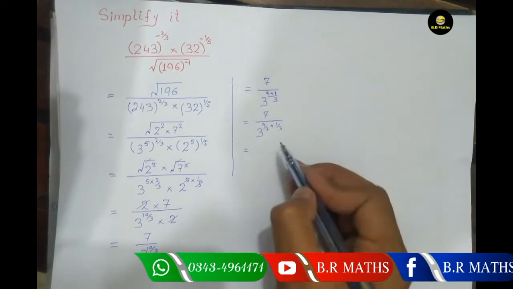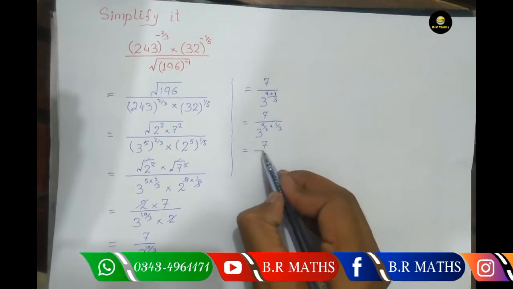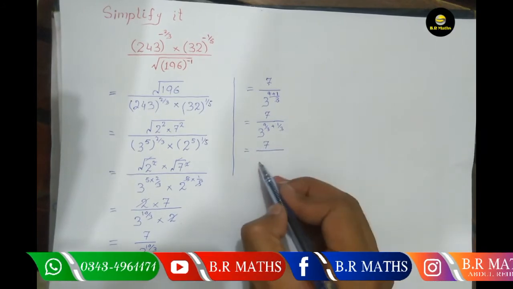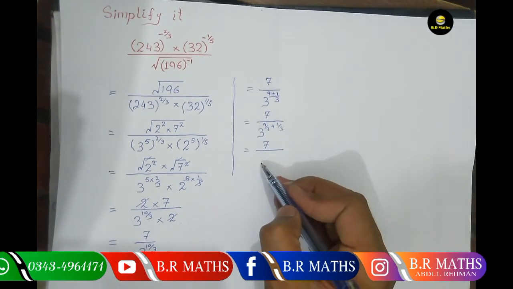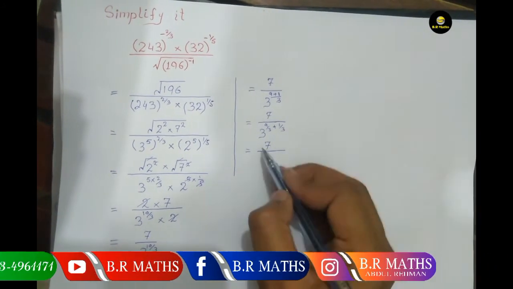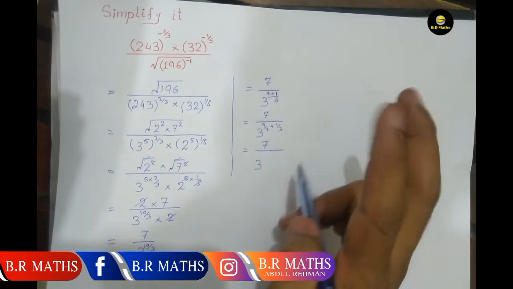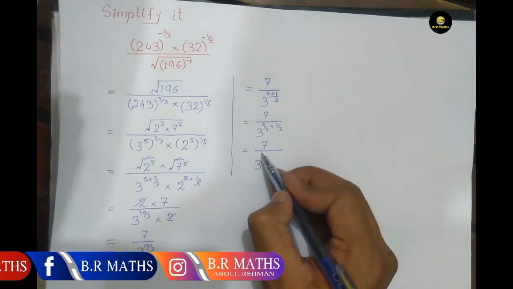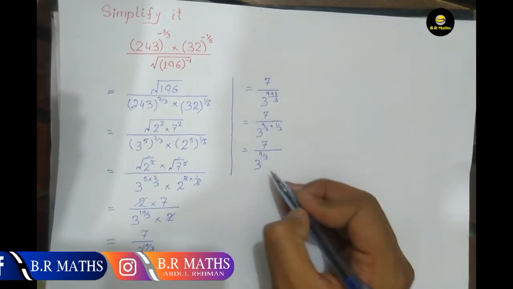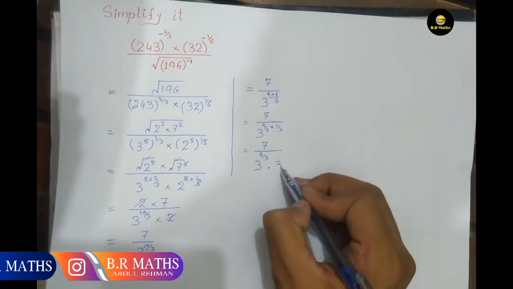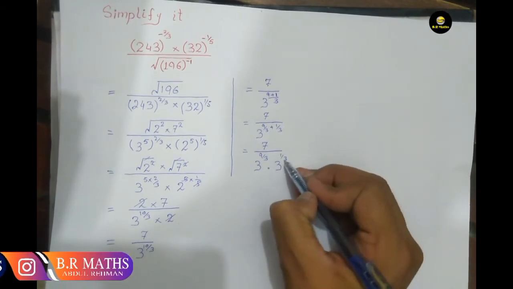According to the law of exponents, when bases are the same and multiplied, the powers are added. So now apply the converse rule and split this term into two bases: 3 raised to power 9 over 3 and 3 raised to power 1 over 3.